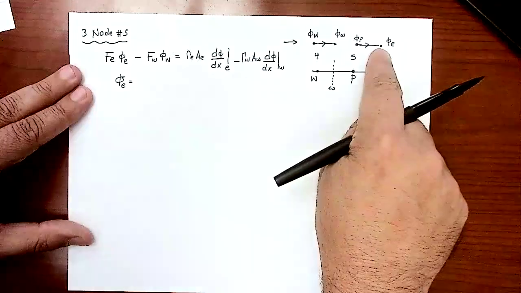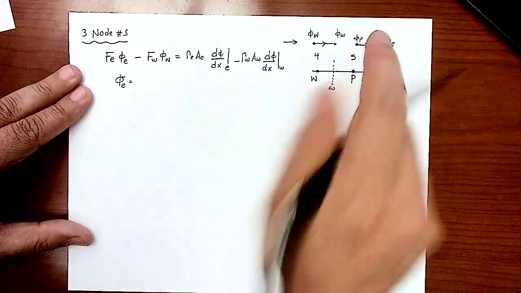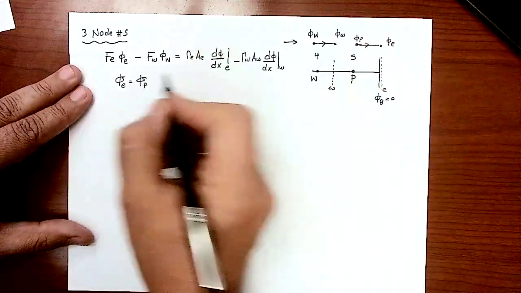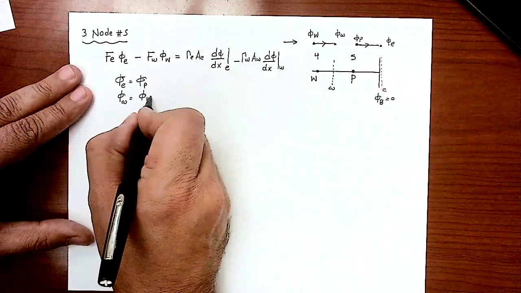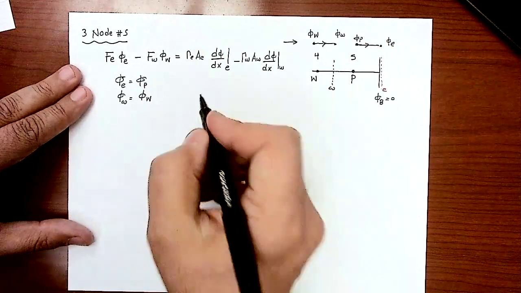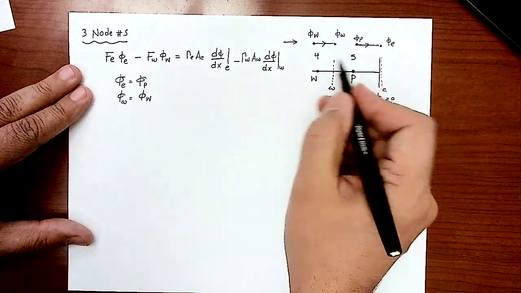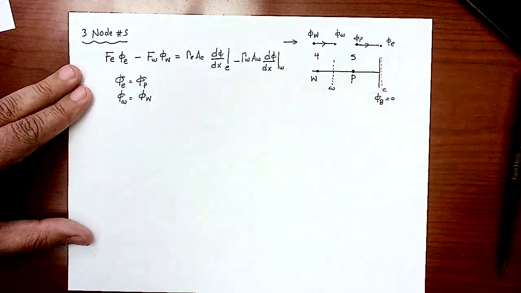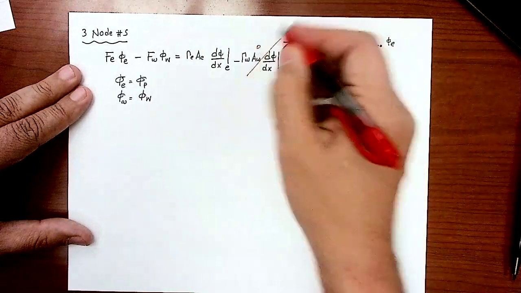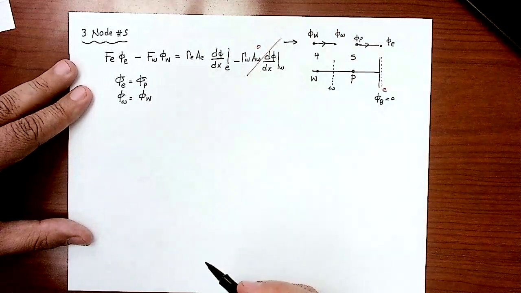Phi east, according to the upwind scheme, is phi P. What is phi west? Phi face west is the same as phi node west, right? There's diffusion happening here. It's interior diffusion. So the diffusion on the west side is neglected. So that's actually 0, according to the hybrid scheme.